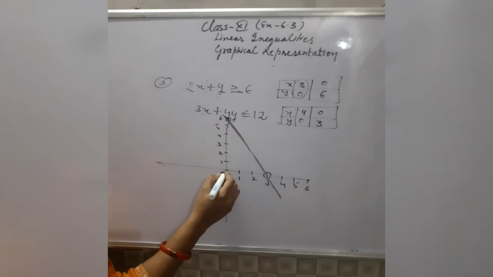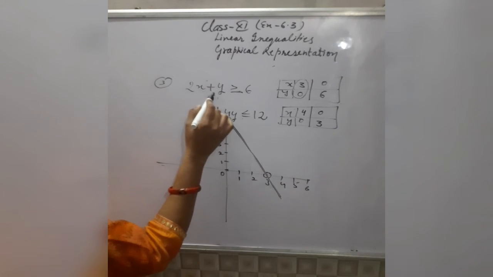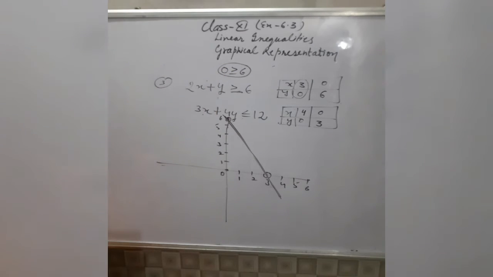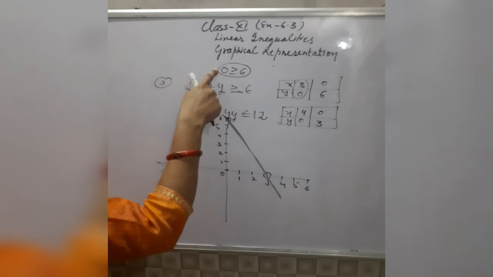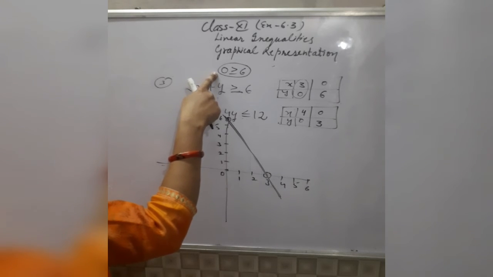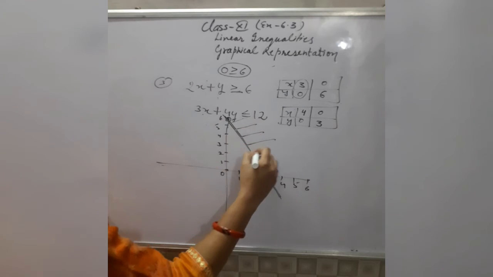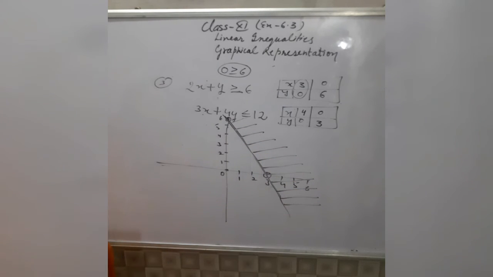For this you take the coordinates of the origin, 0, 0, and if you put 0, 0 in place of x and y, you will get 0 is greater than or equal to 6. And if you see this result, this is false, and if this is false, it means you will shade the region which is away from the origin. Away from the origin means the upward region. So this is the solution for the first linear inequality.